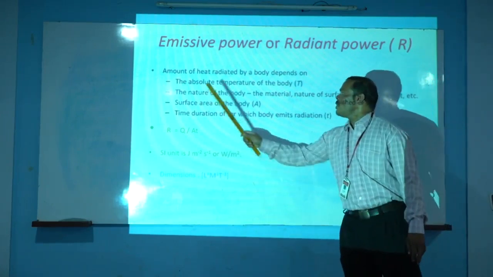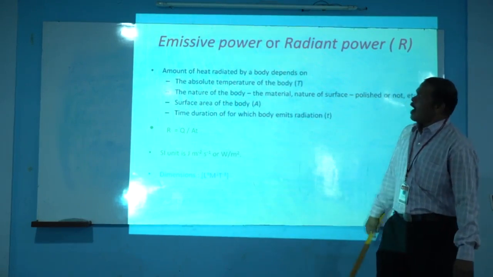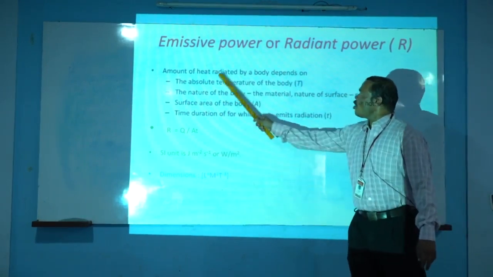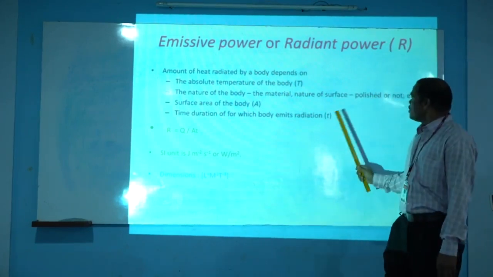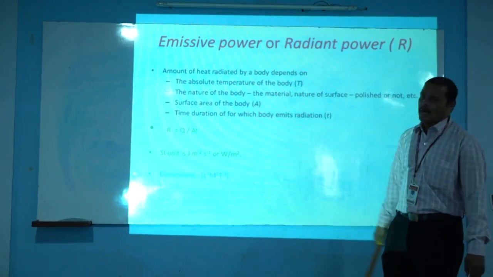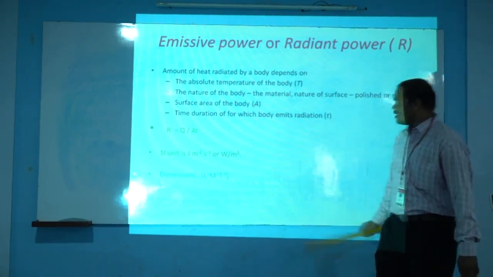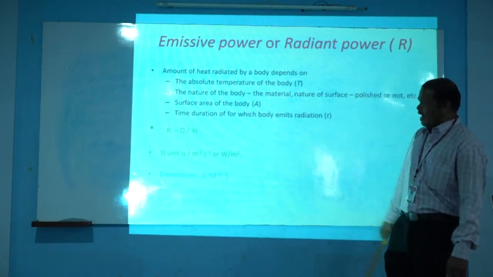Then also it depends upon the surface area of the body, and finally the amount of heat radiated by the body depends upon the time, small t, for which heat is passed, or small t, the time duration for which the body emits the radiation.